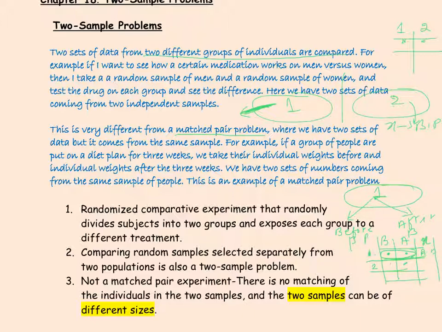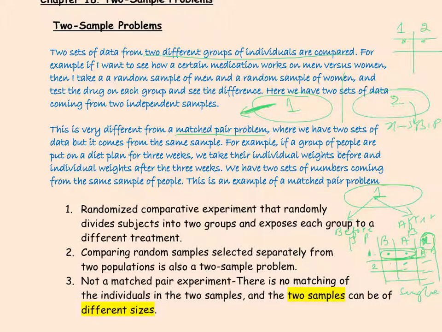And the difference between the two variables that came from the same set of individuals was called x. And what we did really was convert it into a single sample problem. And then we went about doing the hypothesis test as if it were a single sample problem. And the single sample was x, the difference between the two measurements.